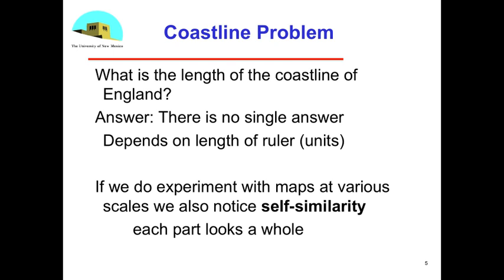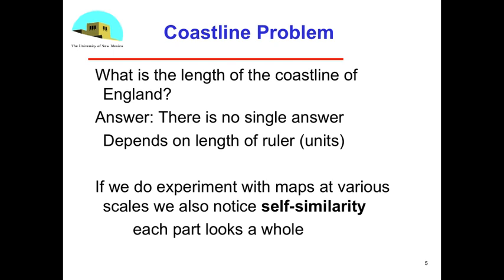It turns out it's not a simple problem, because it depends very much on the ruler that you have available. Suppose I was trying to measure the length of the coastline of England. What I might do is get a map of England of some size and lay a string along the coastline, and then using the scale of that map and the length of that string, I could get a first answer to what the length of the coastline of England is.